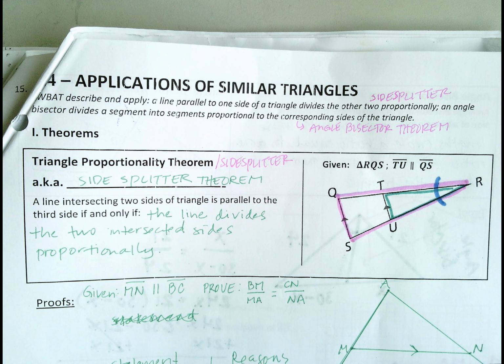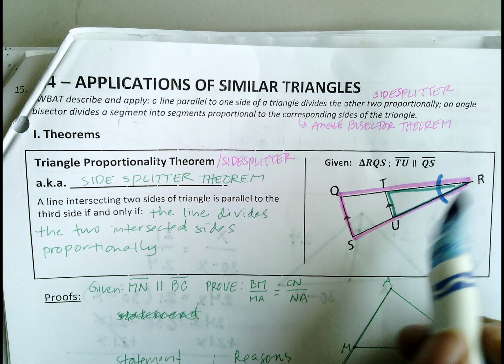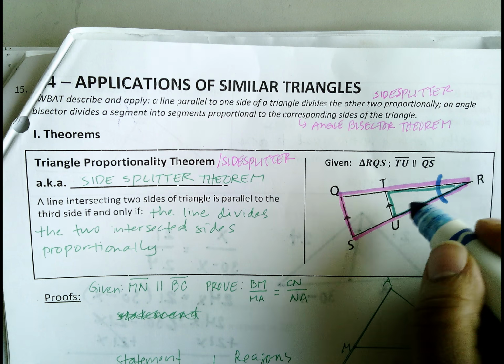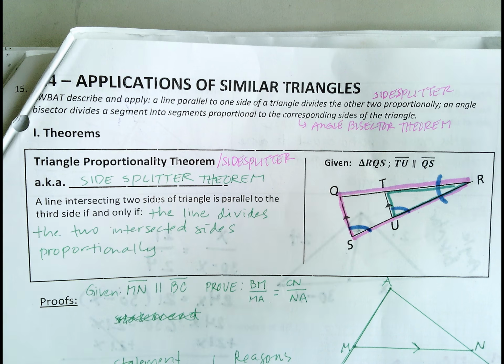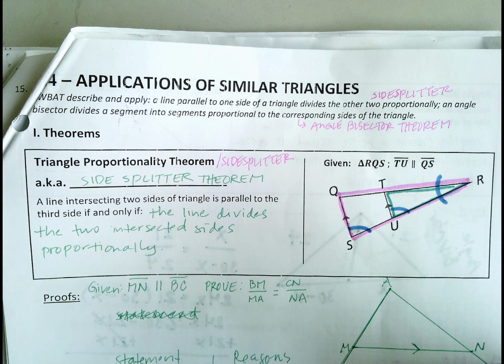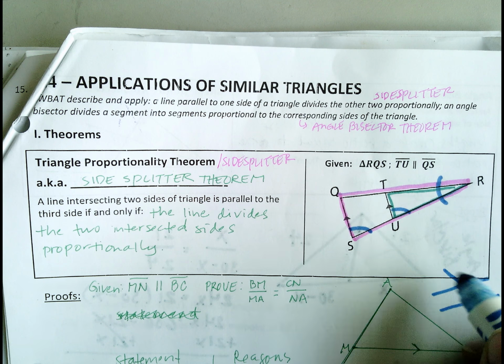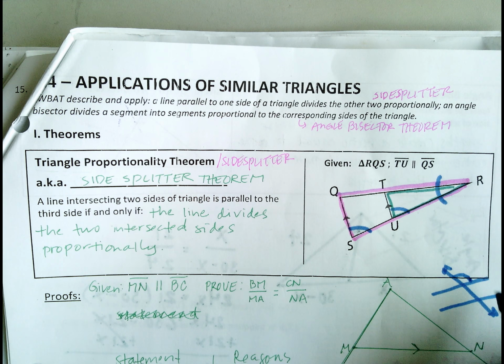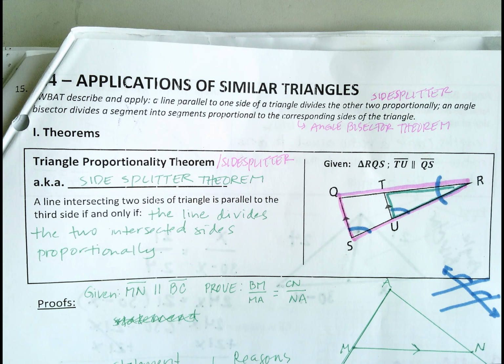And what also occurs here is that because this is a set of parallel lines, and if we treat this as the transversal, it creates two corresponding angles. Again, as we know, when we have parallel lines cut by a transversal, corresponding angles are angles that are in the same location relative to the transversal.